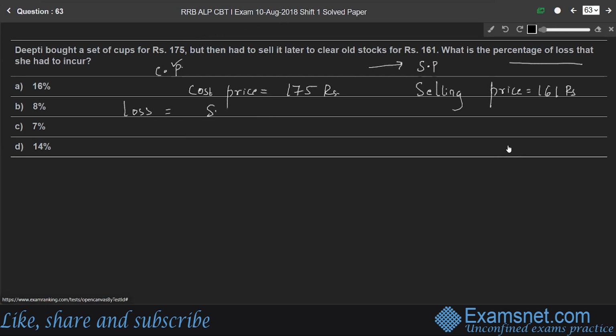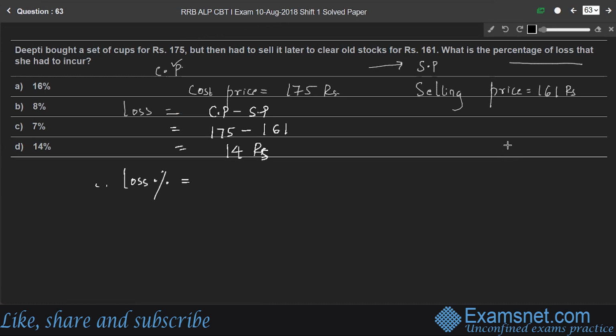I'm sorry. So loss is equal to cost price minus selling price, right? So she bought it for 175 and sold it for 161. Therefore, there was a loss of how much? 14 rupees, right? So 14 rupees.